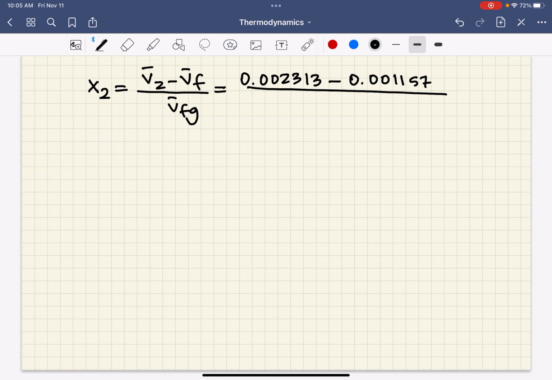Vfg is what we obtain from Vg minus Vf. Okay, we have found quality, and we can check the number if it has to be between 0 and 1, and in fact it is. So the probability of this being correct is high.